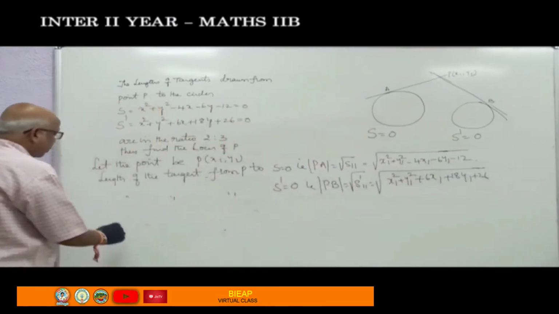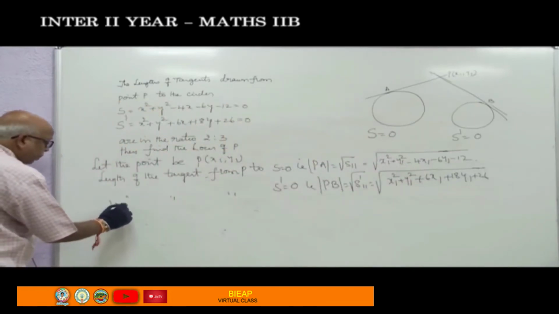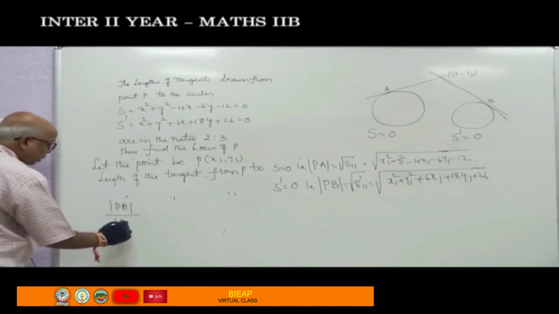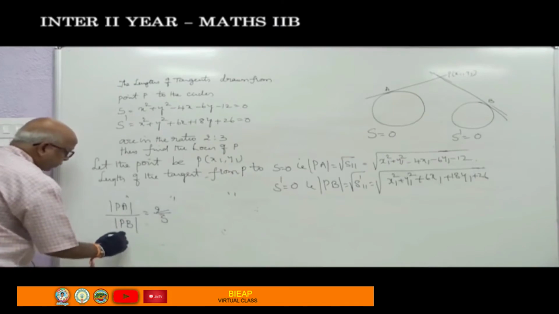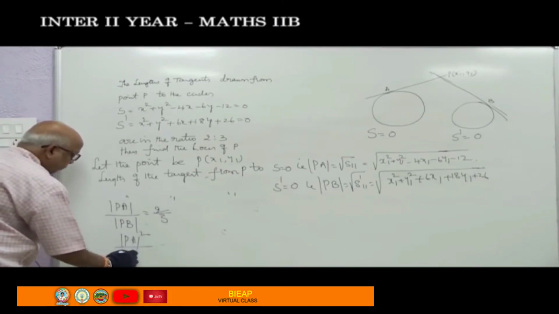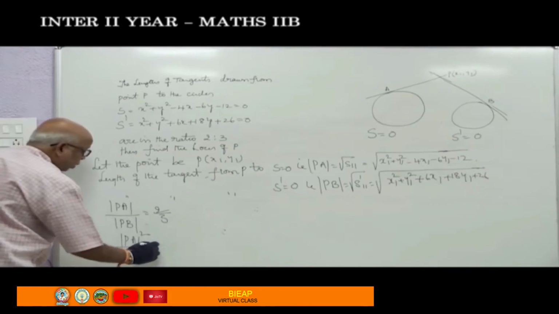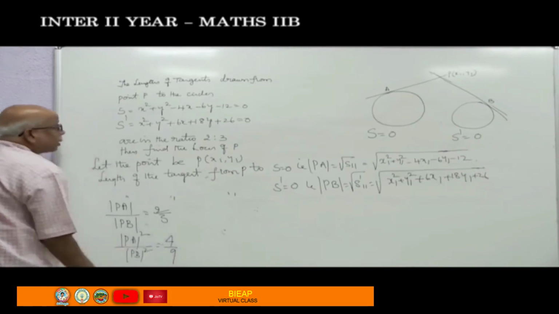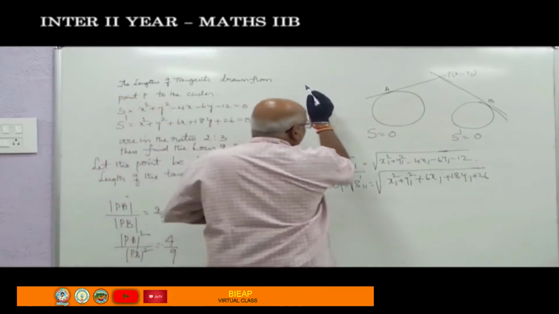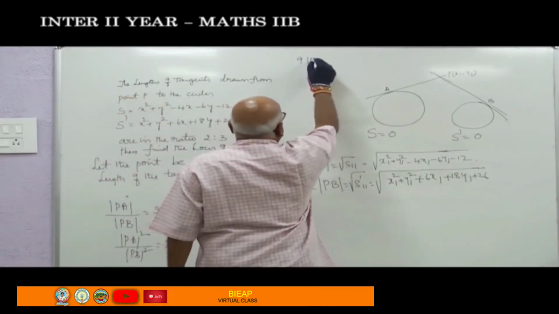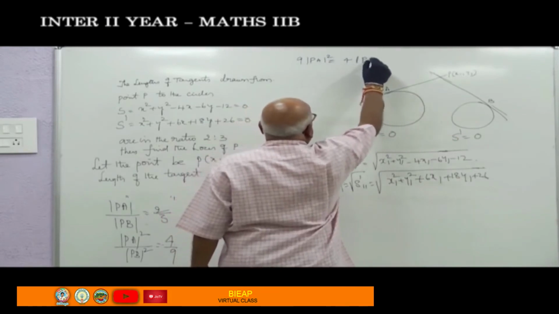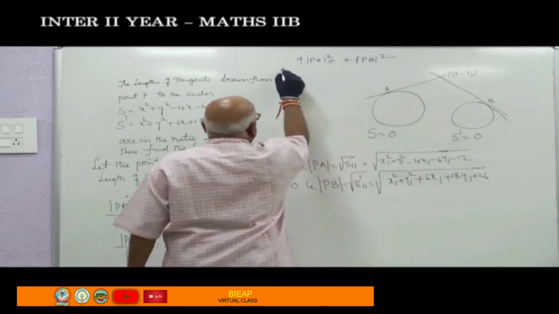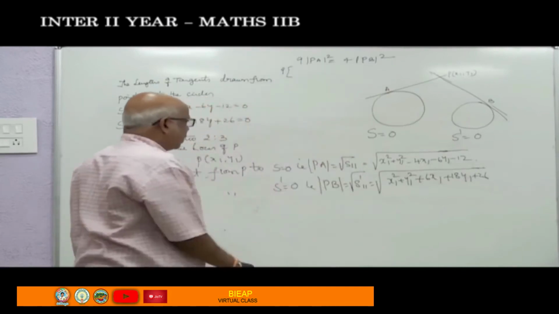What was given in the problem? PA by PB equal to 2 by 3. Squaring on both sides, PA square by PB square equal to 4 by 9. Here 9 into PA square equal to 4 into PB square. What is PA square, sir?